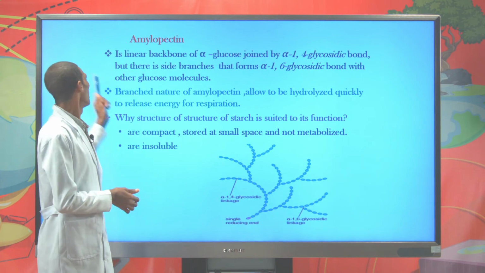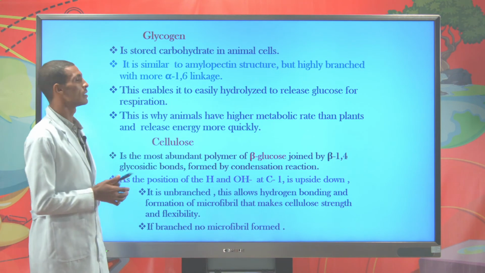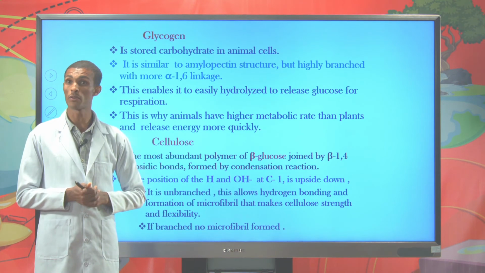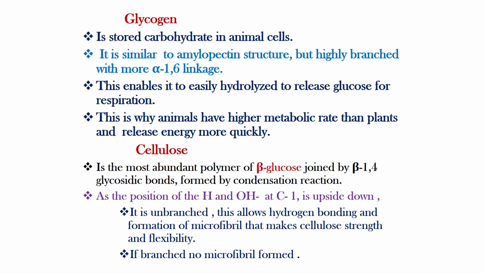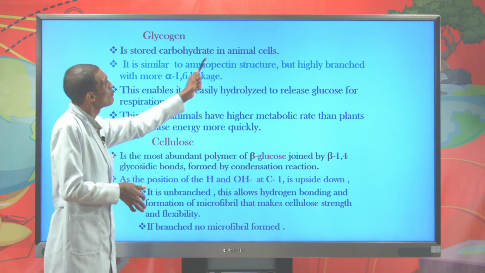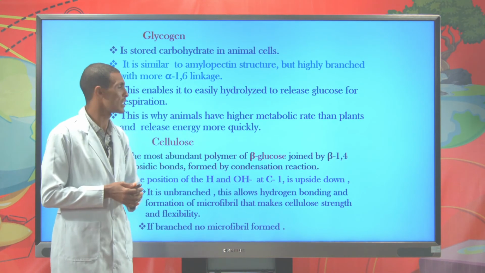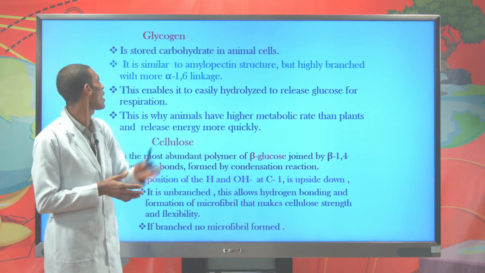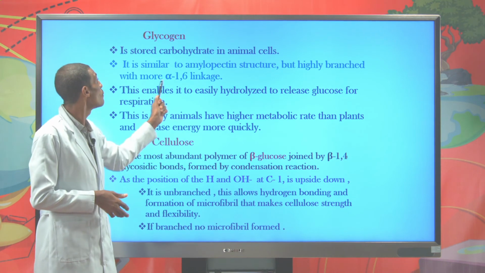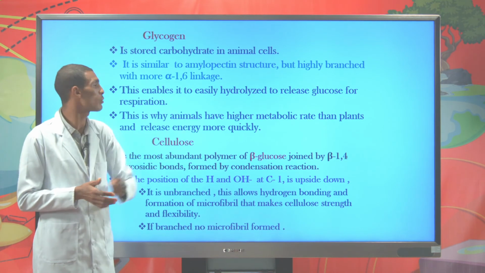Good. Another very important type of polysaccharide is glycogen. Do you know glycogen? Well, glycogen is the storage product of carbohydrate in animals. It has a structure similar to amylopectin, but it is more highly branched, with more alpha 1,6-glycosidic linkages.